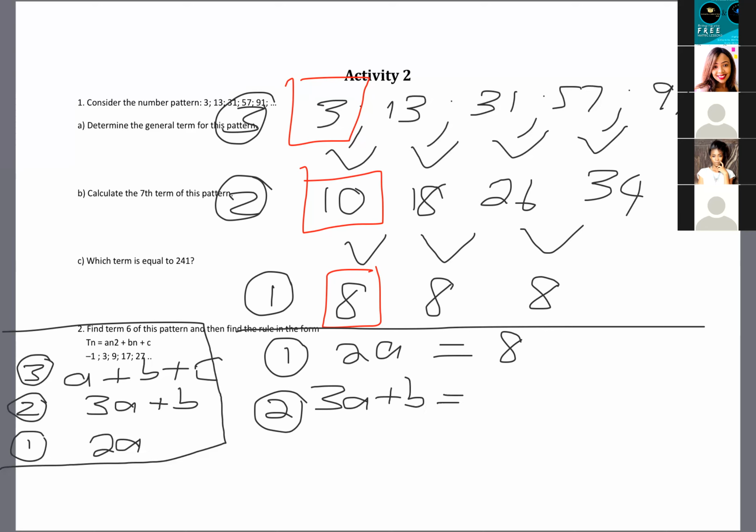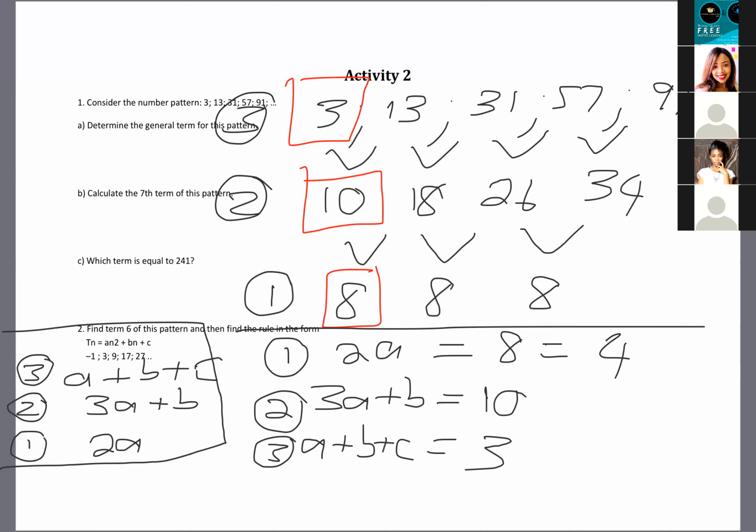What's this equal to? Equal to 10. And then my third one, which is A plus B plus C, what's that equal to? Equal to 3. Perfect. And then I come to the first one and calculate my value for A. What's my value for A going to be? 4.